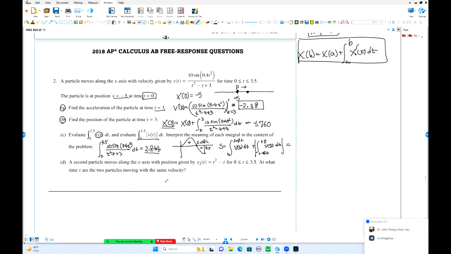Evaluate this one, both. The meaning is what? This is displacement, right? Displacement means what? Position. Where is this particle? But this was travel distance. This one is the travel distance, or total travel distance.